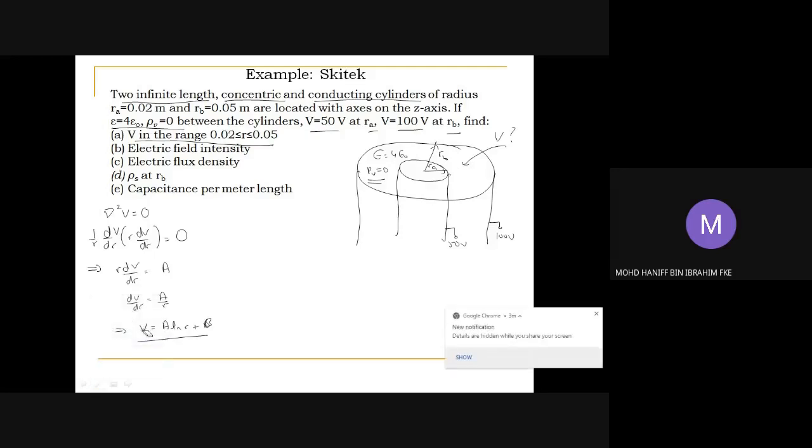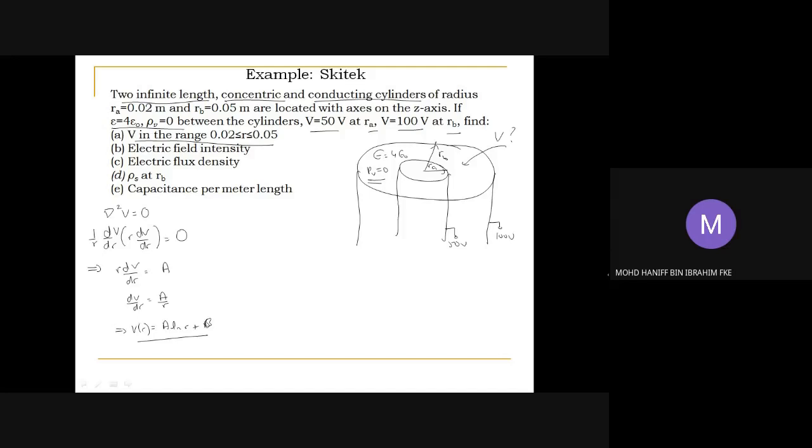So allow me to write V in the r variation. Hopefully you understand this calculation of V variation with regard to r, the radius.